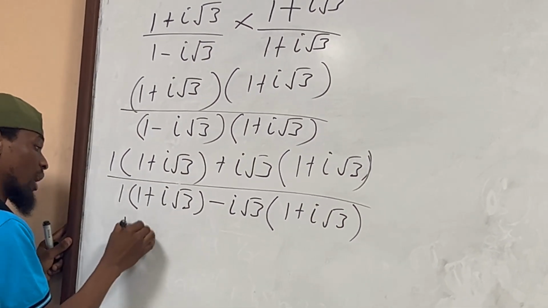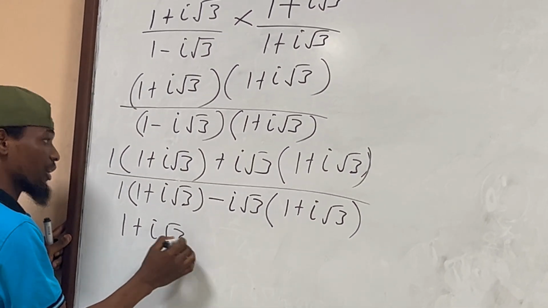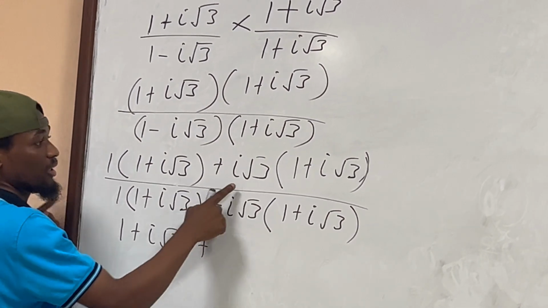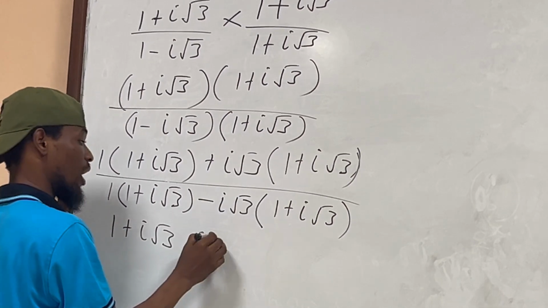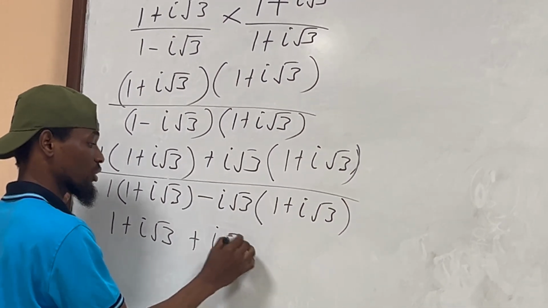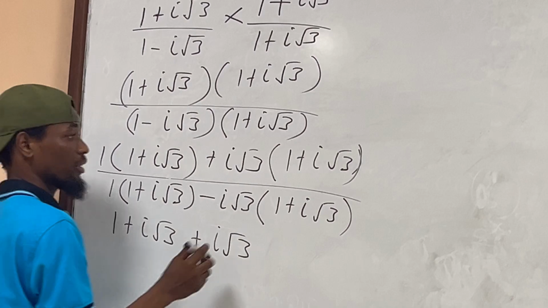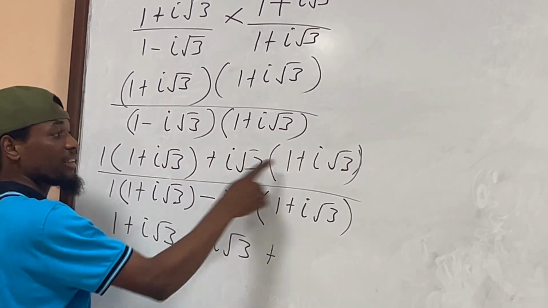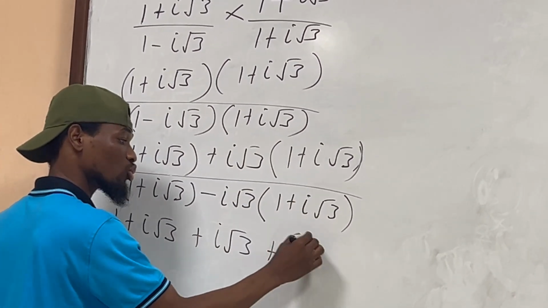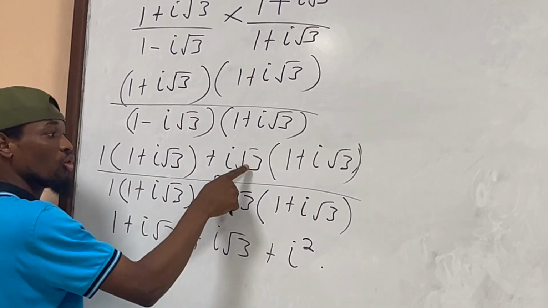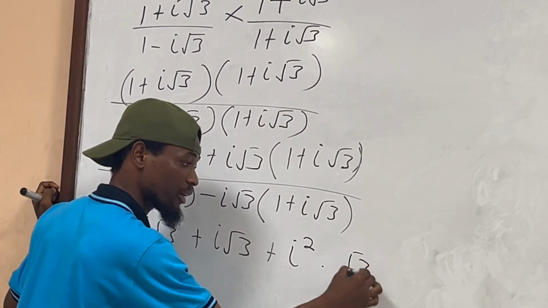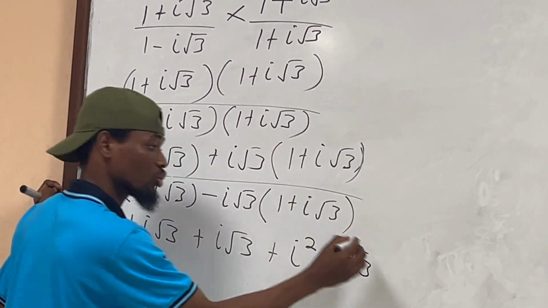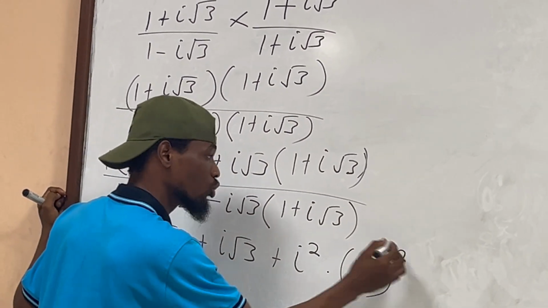1 by this is the same as this expression, 1 + i√3, plus i√3 times 1 gives i√3. Now I have plus i times i gives i squared, then √3 times √3, which is (√3) squared.